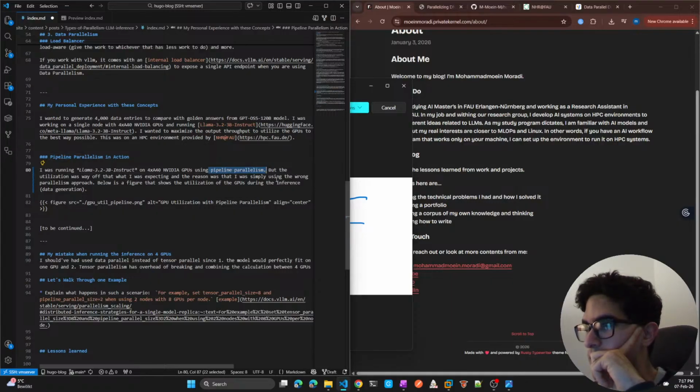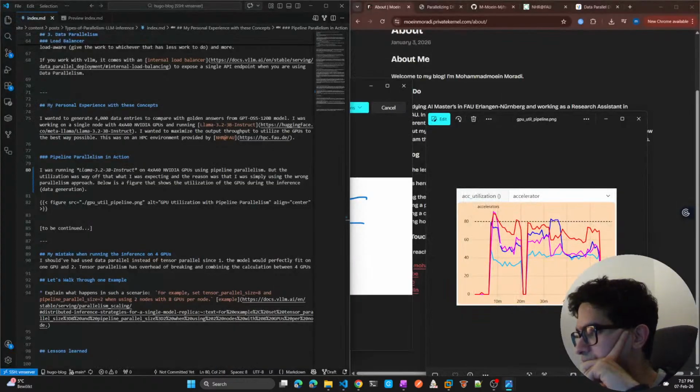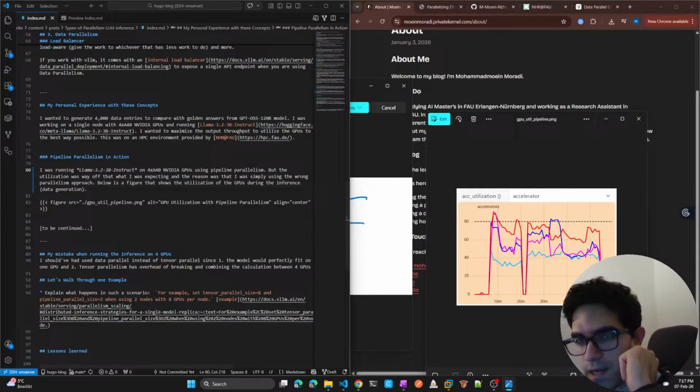The reason was that I was simply using the wrong parallelism approach. So again, this is the thing that I showed here. This one was really bad. The utilization was not there, and I tried just tensor parallelism and then it just worked.